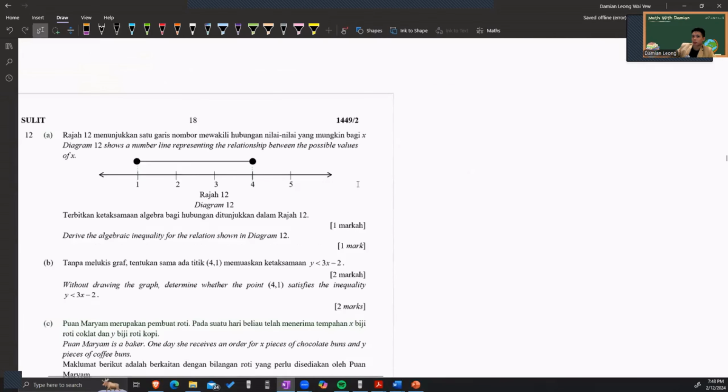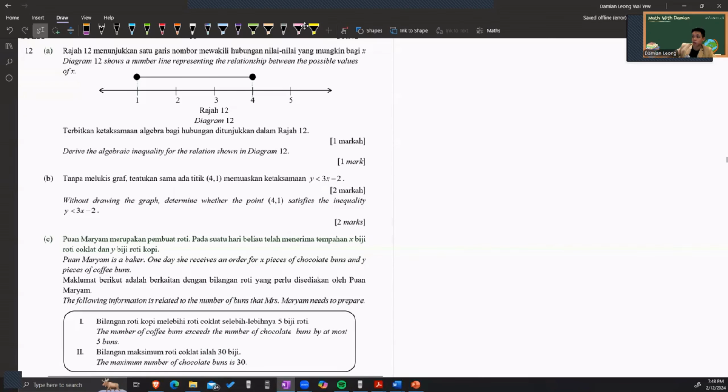Then, yeah, we look at question 12. So, diagram 12 shows a number line representing the relationship between possible values of x. Derive the algebraic inequality for the relation shown in diagram 12. So this basically, we just look at the inequality is from 1 to 4.